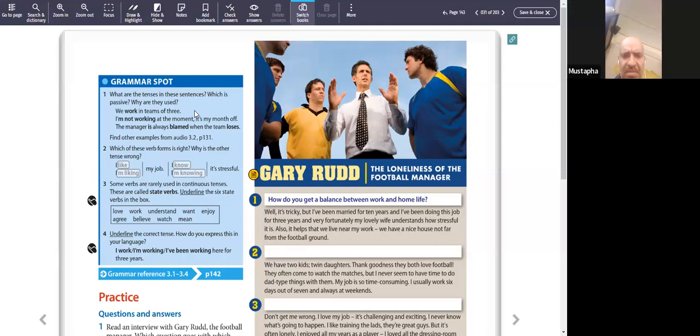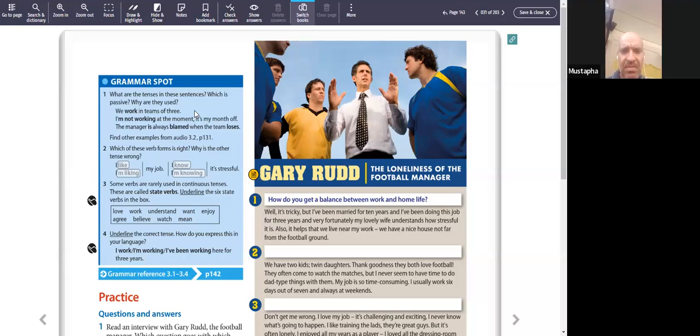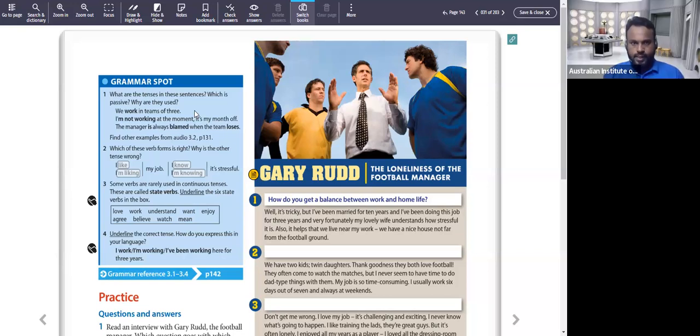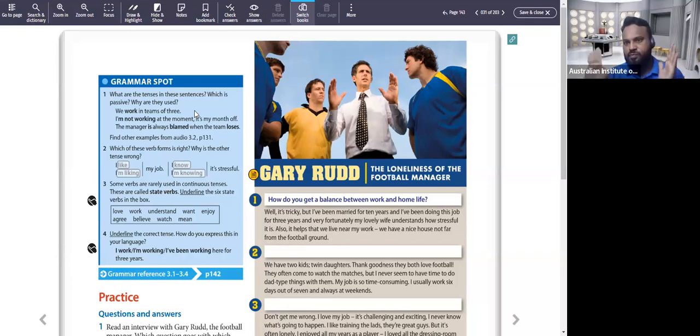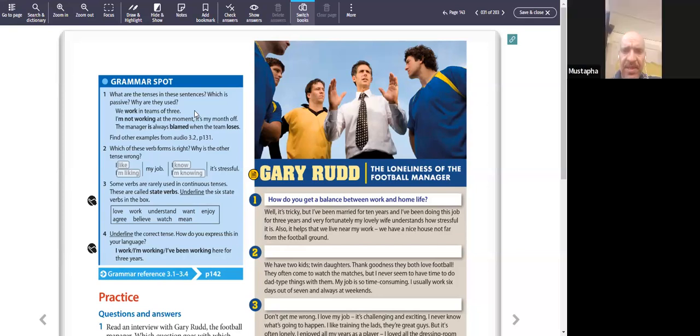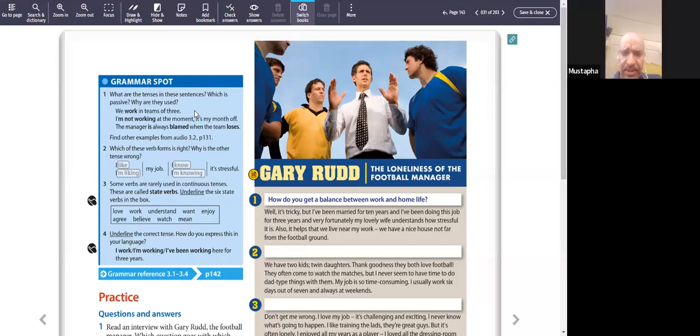We have a subject, we have a main verb, work, then in teams of 3, we have an object. So it is very obvious that there is no past participle and no be verb. As you know, in passive we use a be verb and a past participle, but here we don't use that. So what does it mean? Active form. It is present simple, active form. Beautiful. Good. Next one.